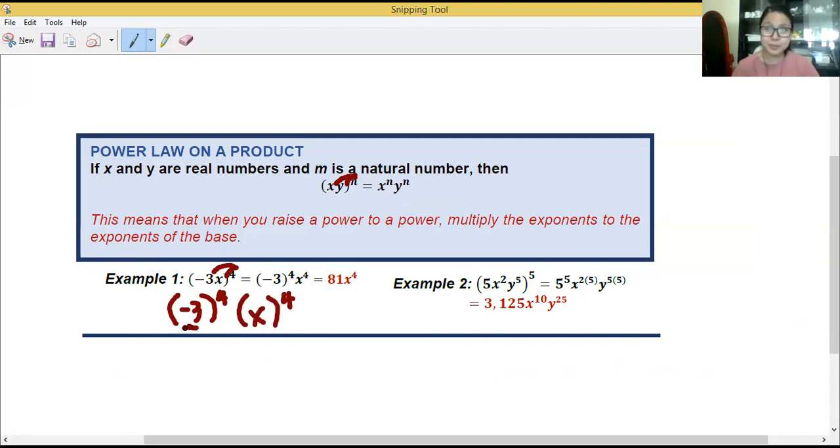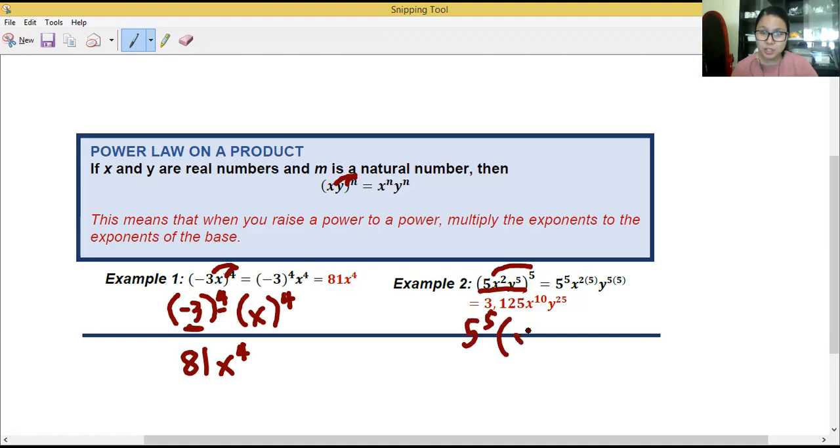When a negative number is raised to an even exponent, the answer is positive. So what is 3 times 3 times 3 times 3? The answer is 81 x to the fourth power. In the next one, the same will apply. Distribute. So we have 5 to the fifth power.